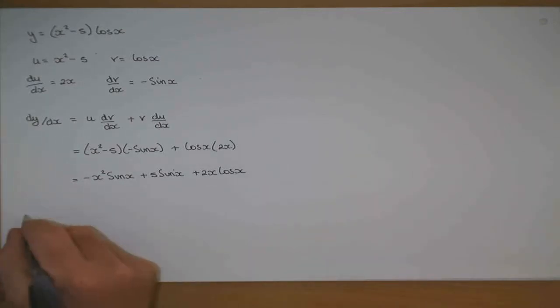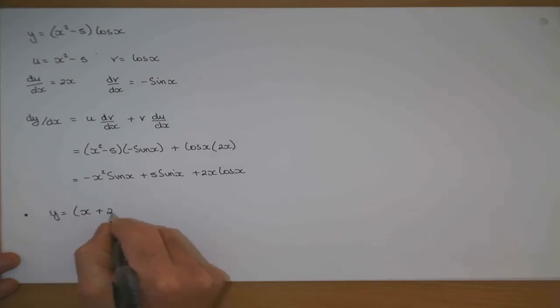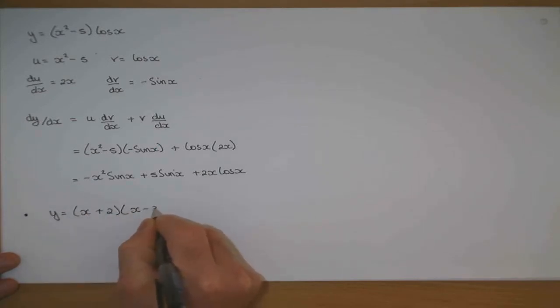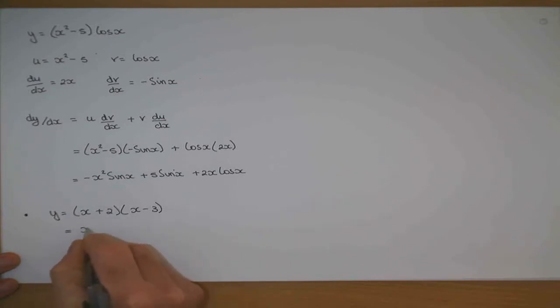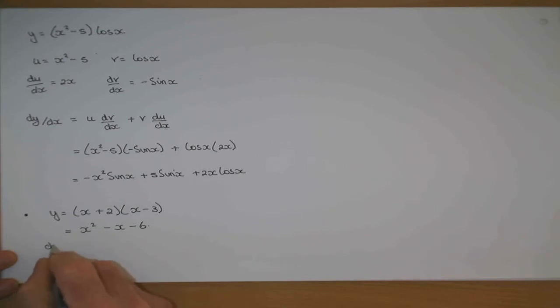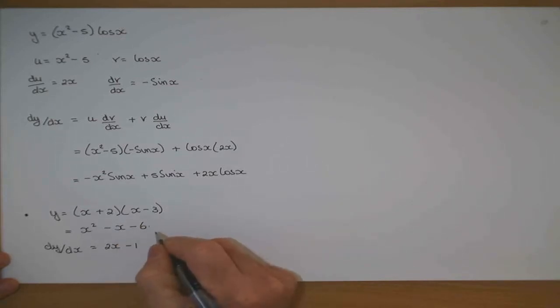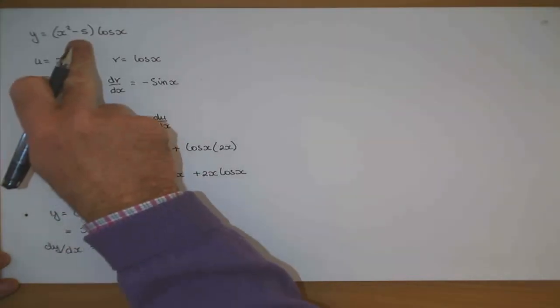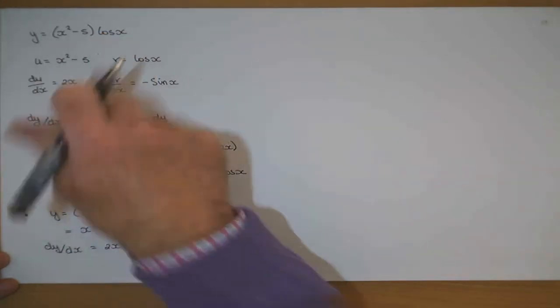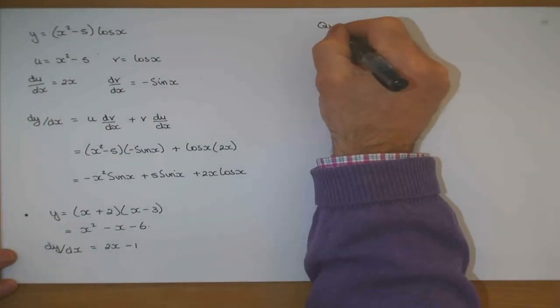That first one I did, or one of the first ones, if I said y is equal to x plus 2 by x minus 3, you could just say y is equal to x squared minus x minus 6, and then dy/dx is equal to 2x minus 1. That's easier than a product rule. But in a lot of them, you can't multiply them out. Could you multiply that by that? No, so you have to be able to use the product rule. The next rule is the quotient rule.